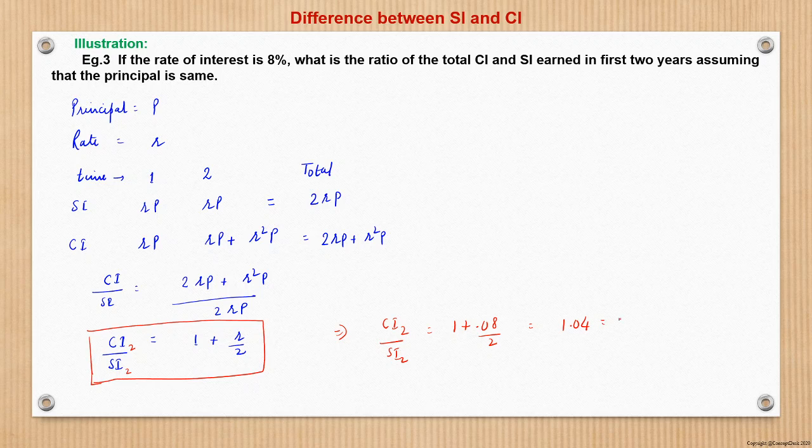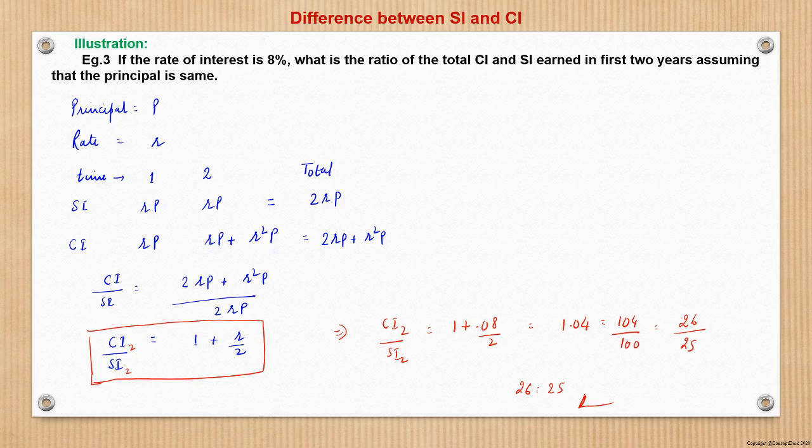In ratio terms, we can write it as 104 by 100, which is 4 times 26 upon 25. So the ratio becomes 26 is to 25, answer, right? So pretty simple, nothing else, just this derivation was important, and even the derivation was quite easy, right?